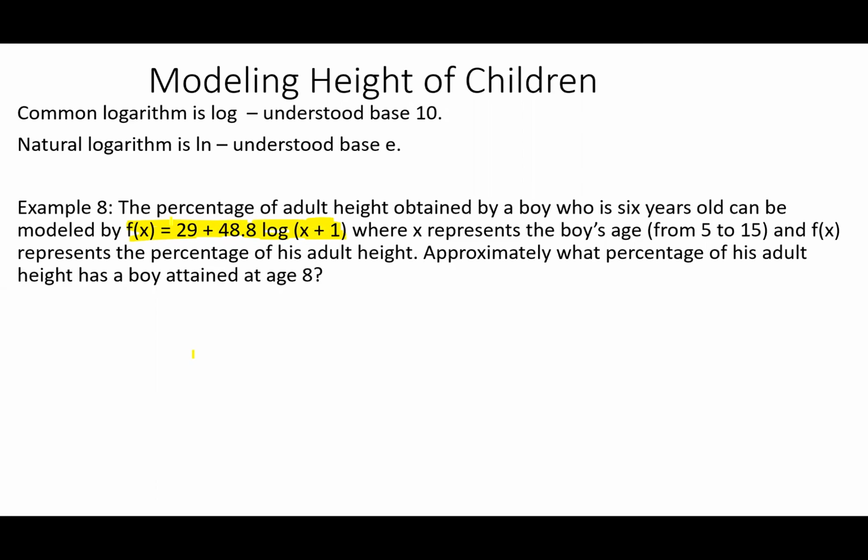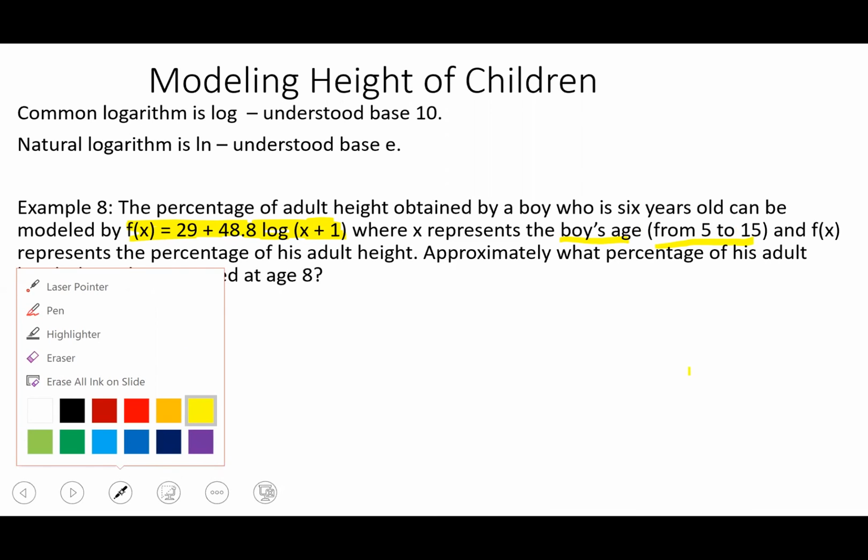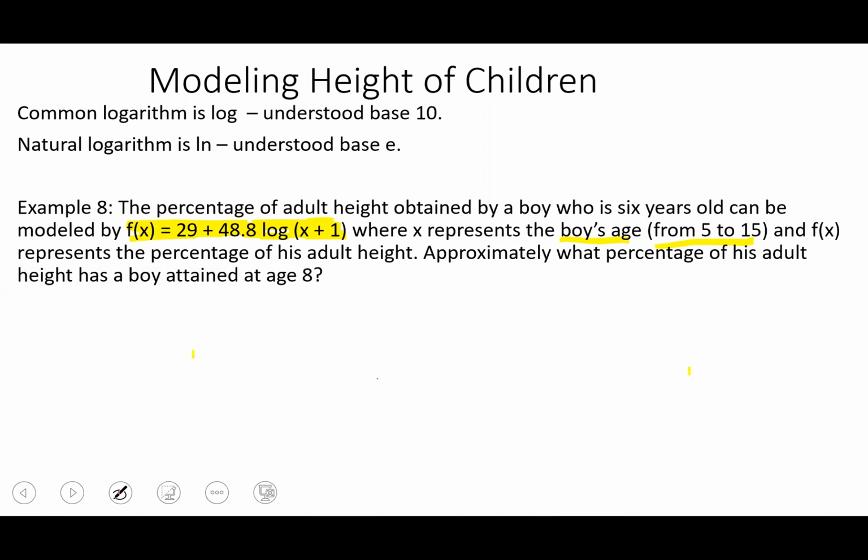f of x equals 29 plus 48.8 log of x plus 1, where x represents the boy's age, but his age has to be between 5 and 15. And f of x represents the percentage of his adult height.